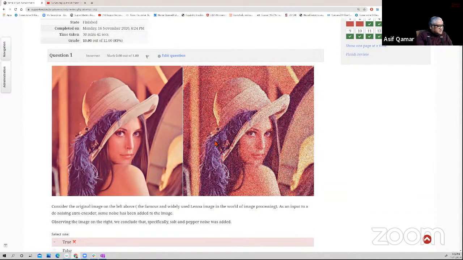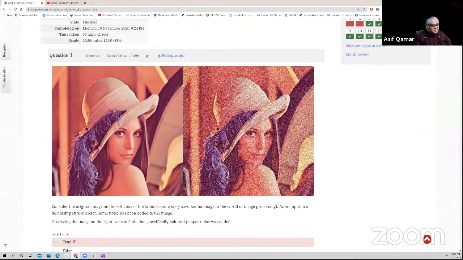Consider the original image on the left, the famous and widely used Lena image in the world of image processing. As an input to a denoising autoencoder, some noise has been added to the image. Observe the image on the right. And observing the image on the right, we conclude that specifically salt and pepper noise was added.